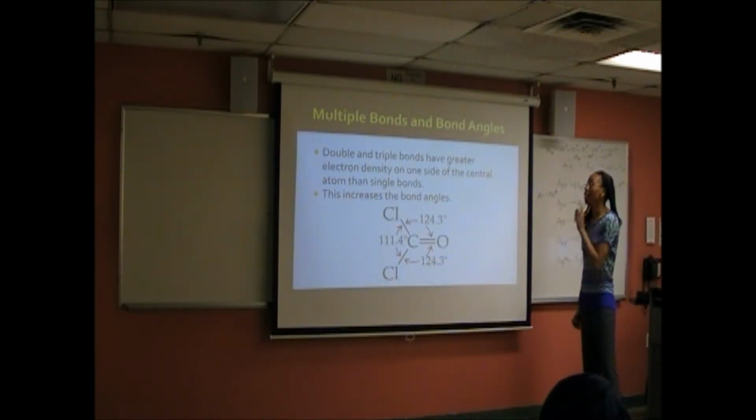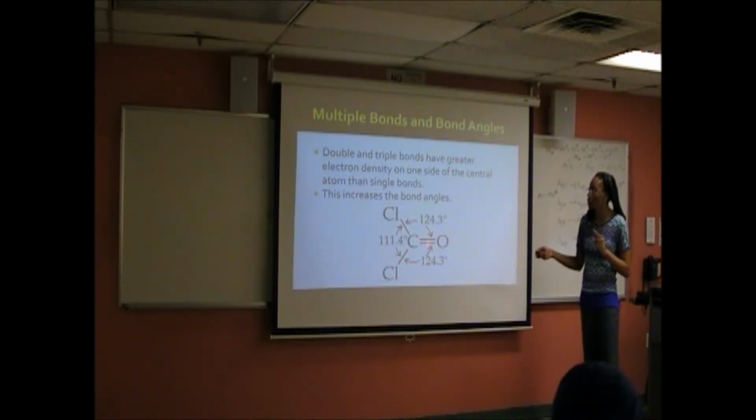But even though double bonds affect your bond angles, we're going to keep all the trigonal planar family at 120 degrees. Just be aware that the angles will change because your double bond has a greater electron density around it.